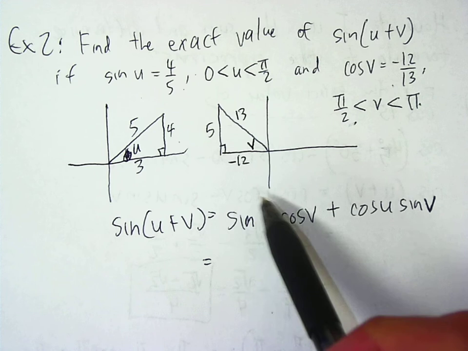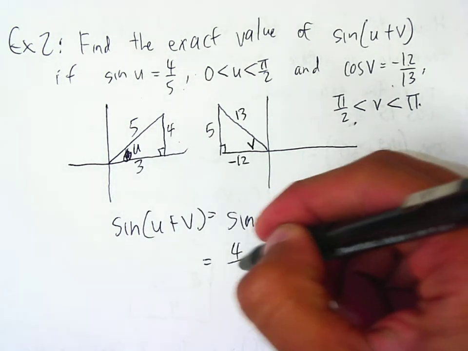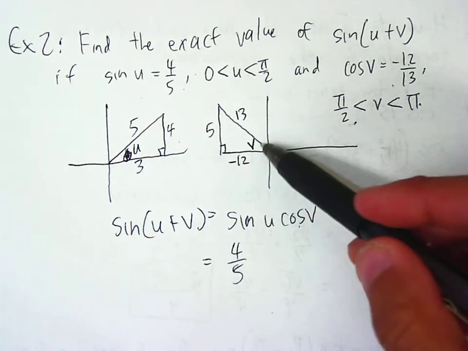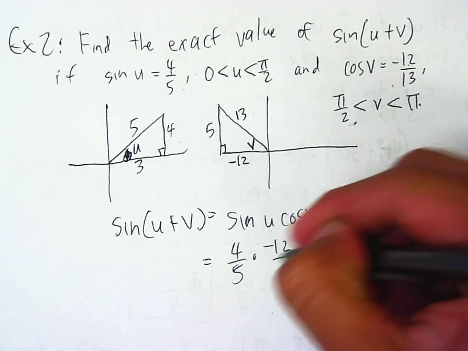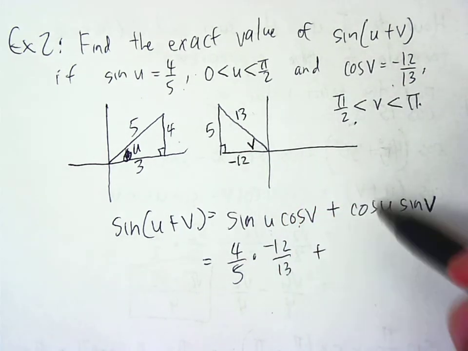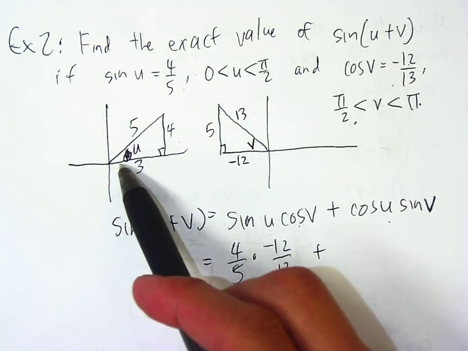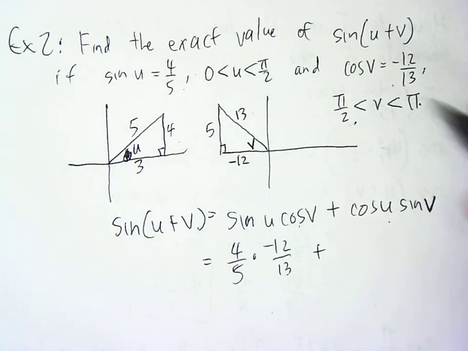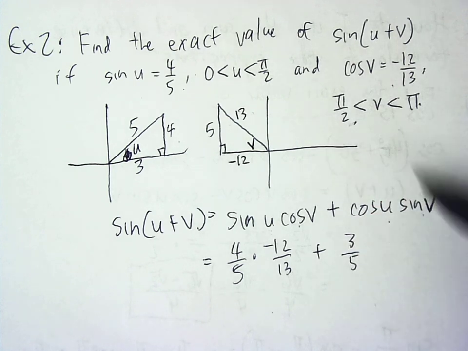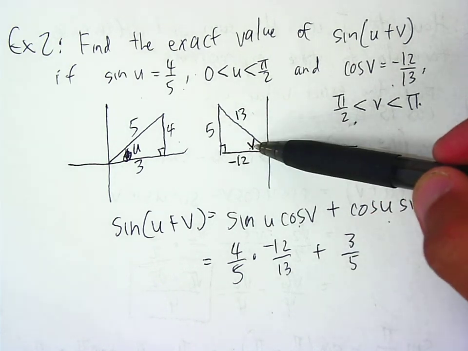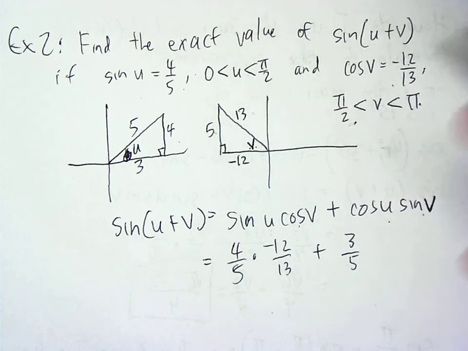So sine of u is this triangle, and the sine of u is 4/5. Well, the cosine of v is this triangle, and cosine is negative 12/13. Plus the cosine of u, so I'm going to look at this triangle because that's my angle u, and that's 3/5 for cosine. And then for sine of v, I'm going to look at this triangle, and sine is opposite over hypotenuse, so it's 5/13.